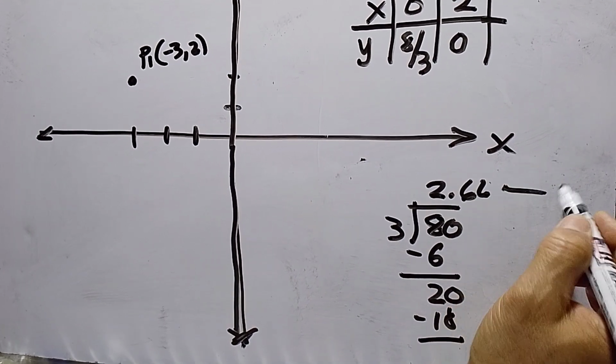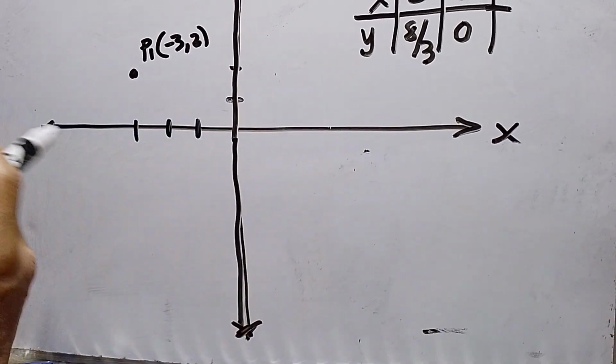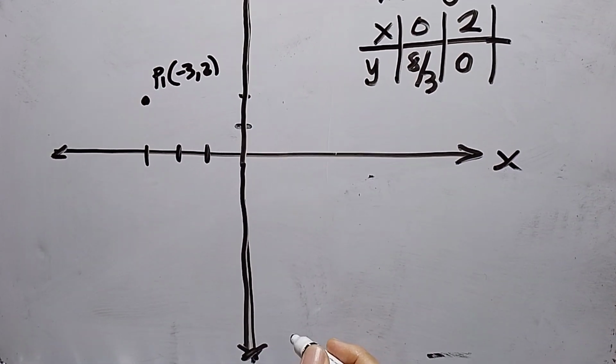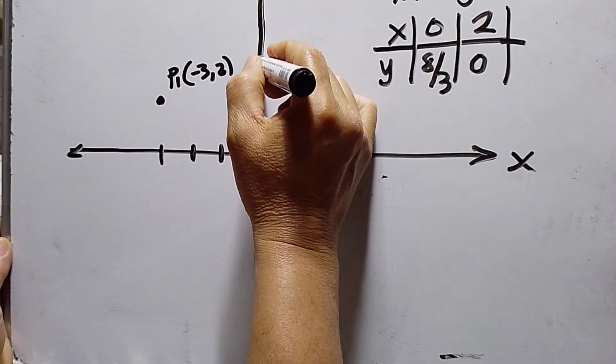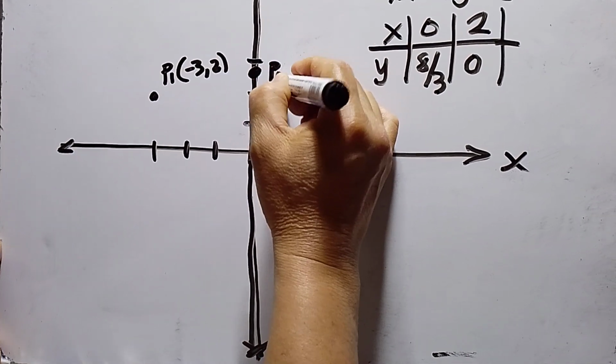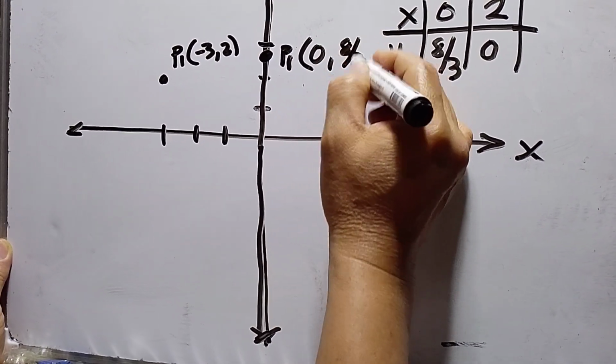So 6, 6, 6, okay? So estimate 2.6. So y is 2.6. This is 3, so I'm here at 2.6. So point 1 will be at 0 and 8 over 3.